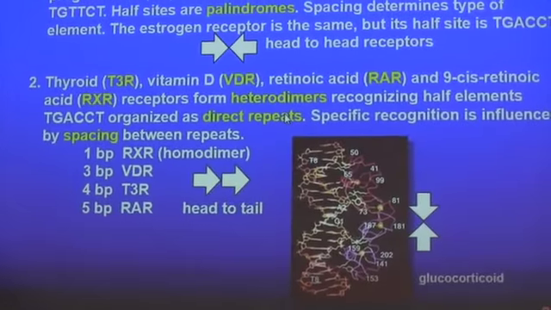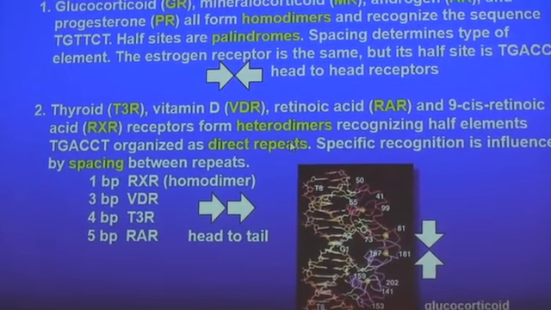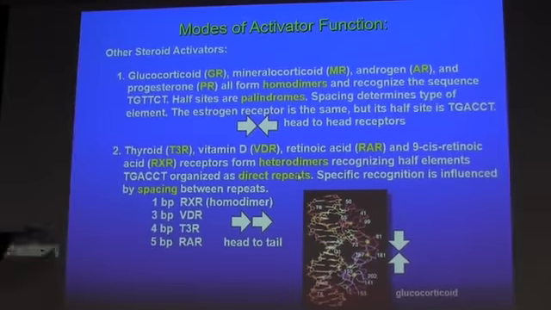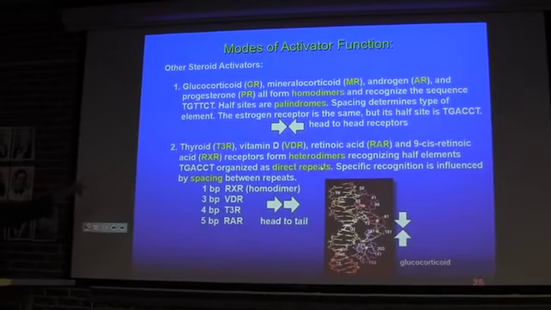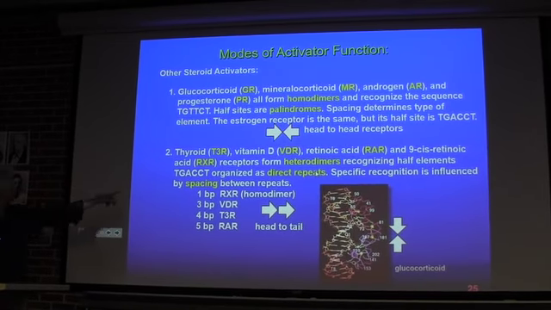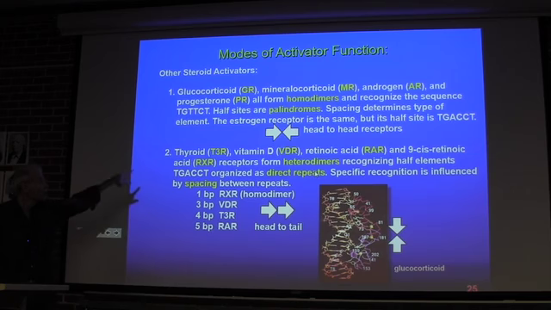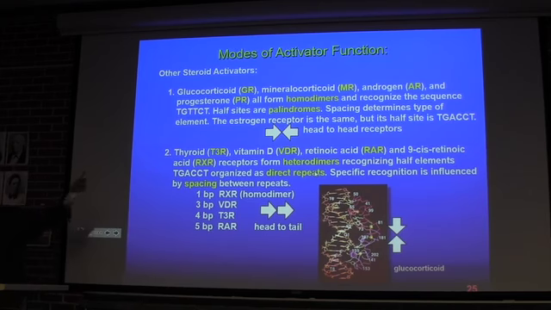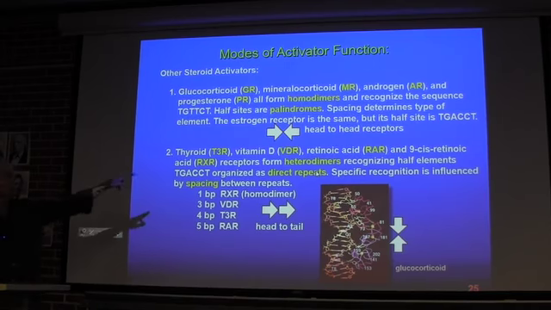Of course, that one binds with itself. And which one is that? That's your 9-cis-retinoic acid. That binds with itself, can form a homodimer, and forms a heterodimer with all the other members, the thyroid and vitamin D and retinoic acid. Retinoic acid, of course, is different than 9-cis-retinoic acid. They are the two distinctions between those two groups.